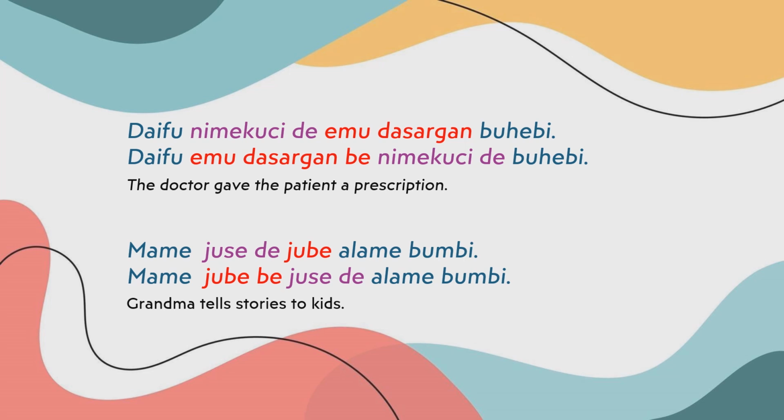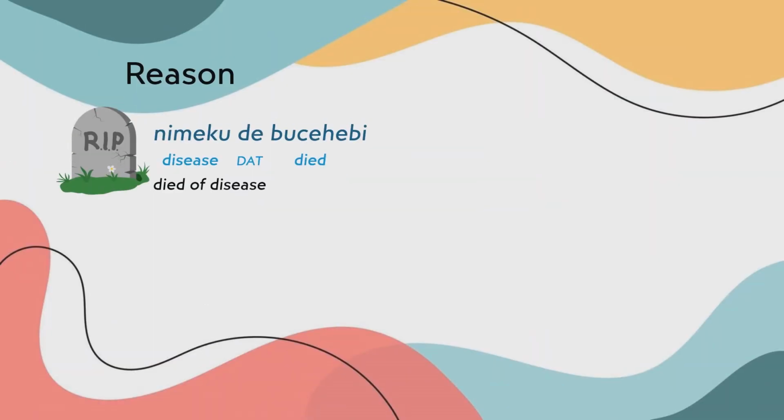Okay, let's go ahead. The next important usage of the dative case is for the reason of some, mainly emotional, action. But it could also be used for other verbs. For example, died of disease.